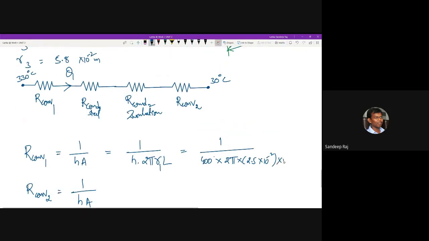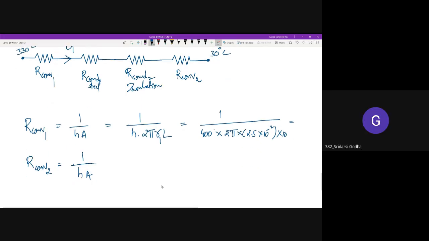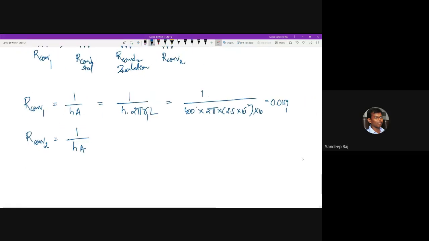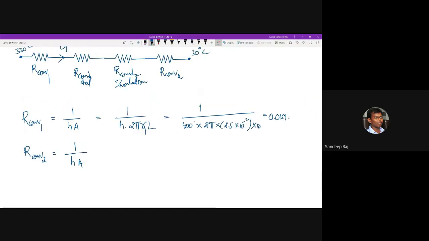So substitute, calculate and tell me the value of this R. It is 0.0159 Kelvin per watt.